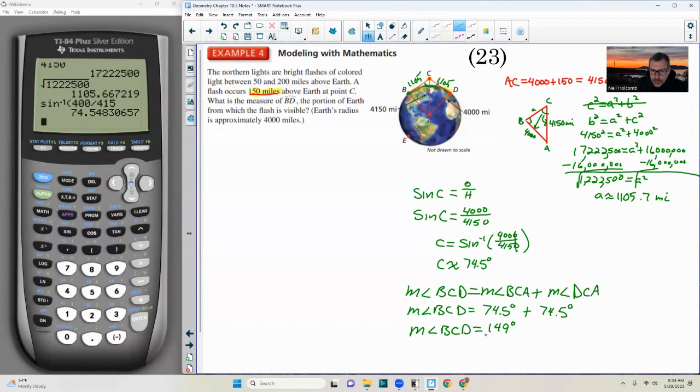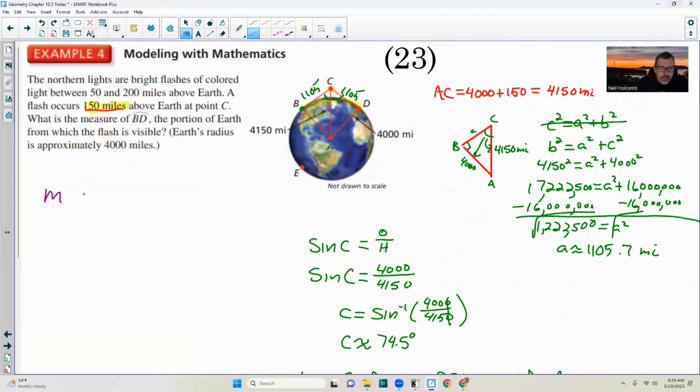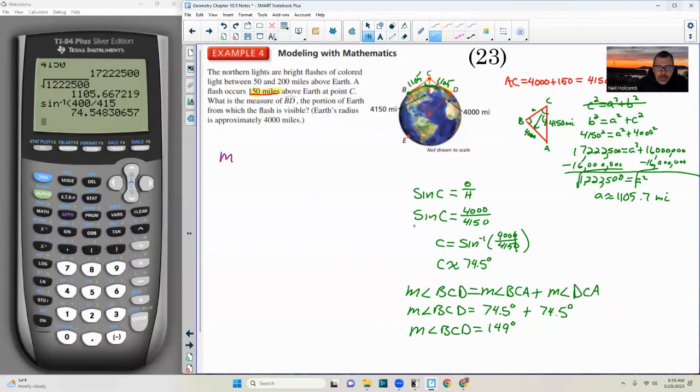I found the measure of angle BCD is 149 degrees. But by theorem, let me switch colors now. I don't need my calculator anymore. My page got cut off when I did that, so I'll stay here.